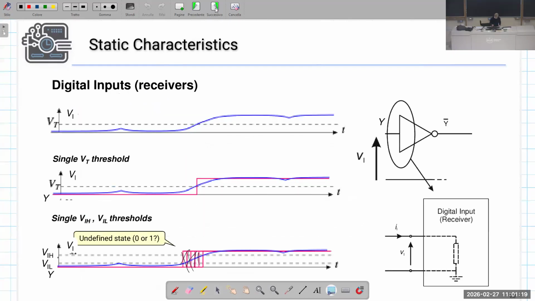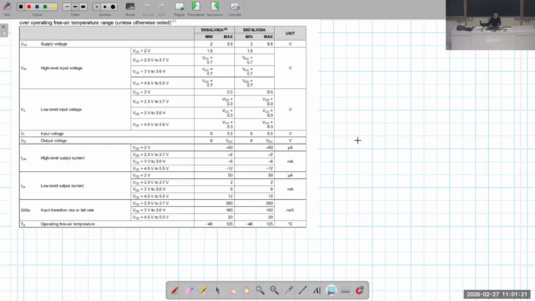Let's try to consider this example. Suppose that maybe the gates described in this data sheet are not inverters, but let's suppose that they are inverters.